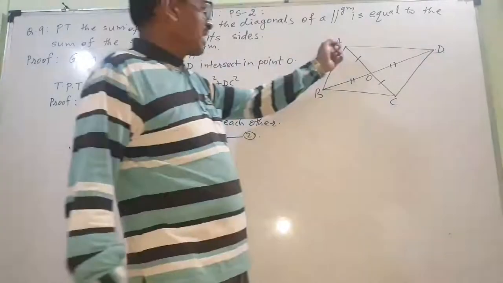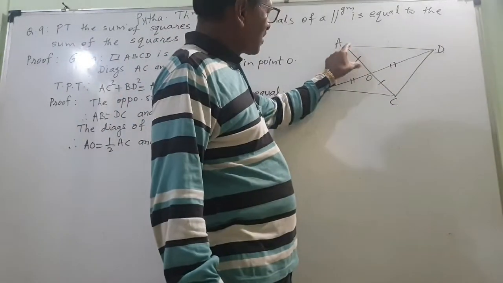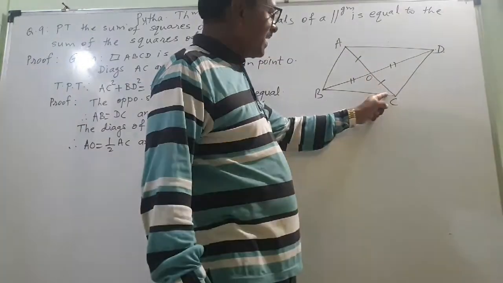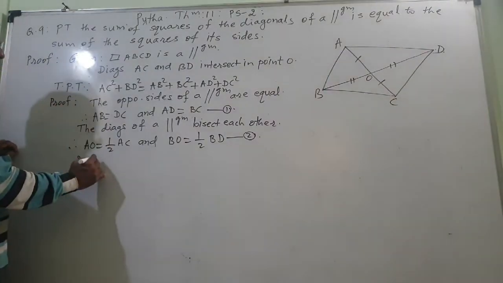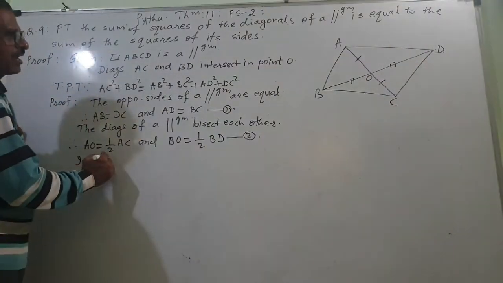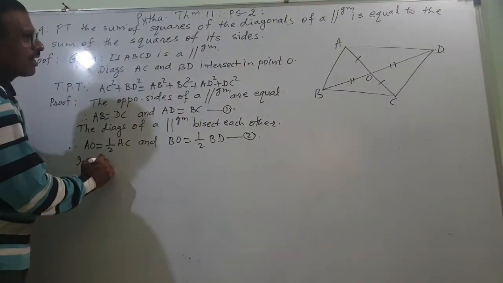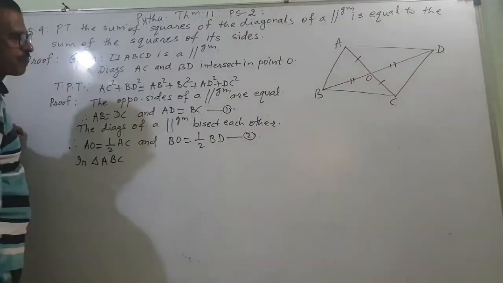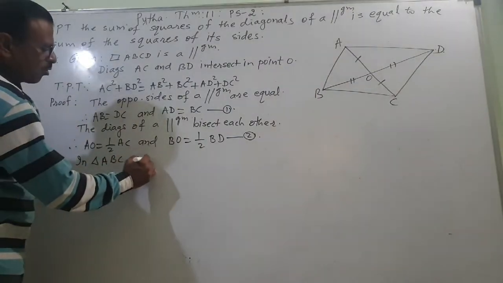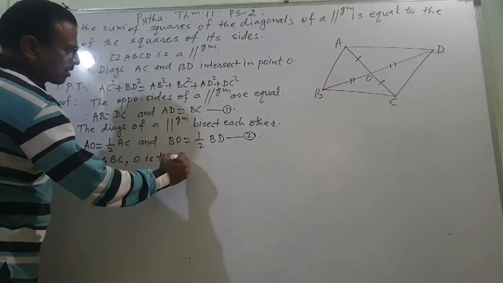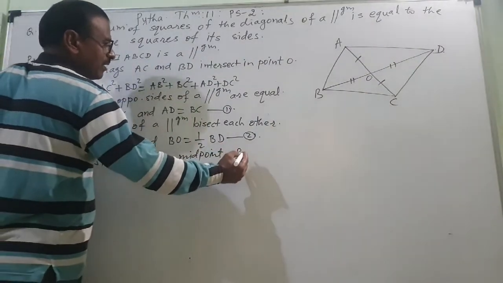Now consider this triangle, this ABC triangle. This is equal to this. That means O is the midpoint of AC. In triangle ABC, O is the midpoint of AC.